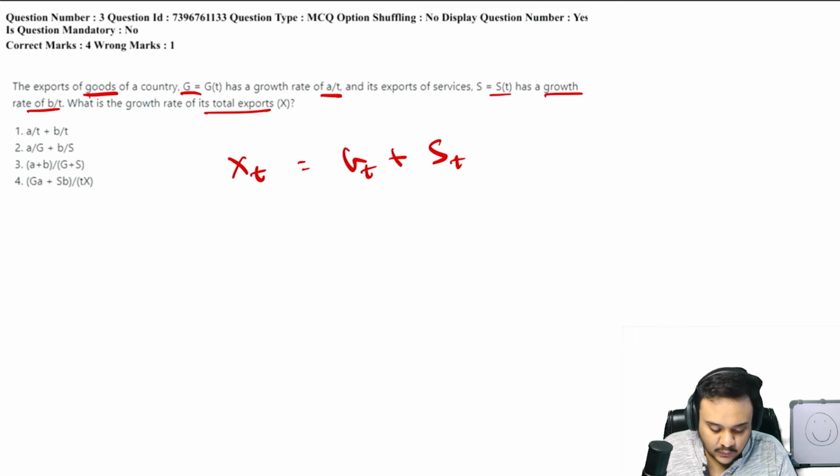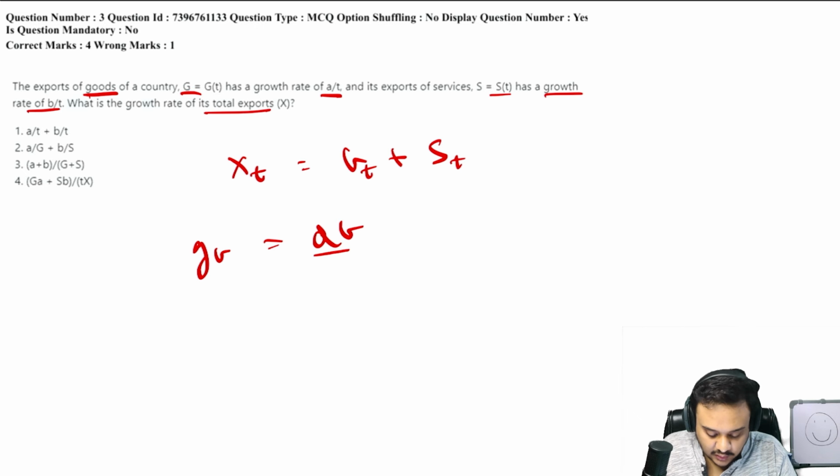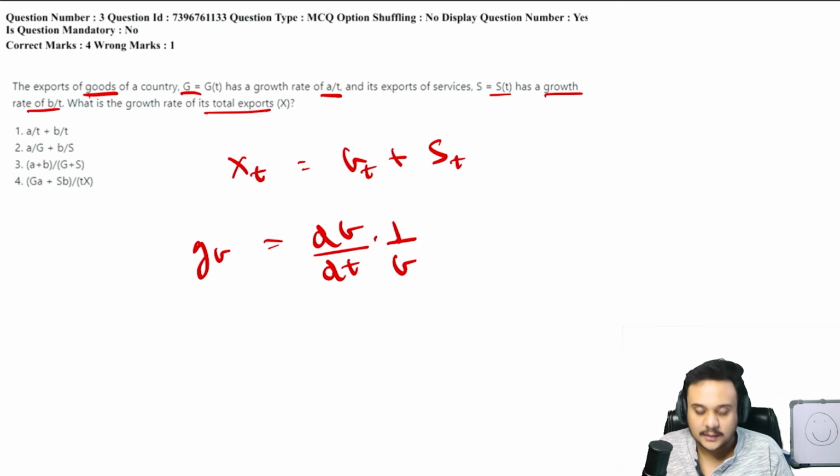Okay, so now, if you have done the Solow model and the growth models, you would know that the growth rate of any variable is equal to the derivative of that variable with respect to t, t is time basically, multiplied by 1 upon G, or the reciprocal of that, right?